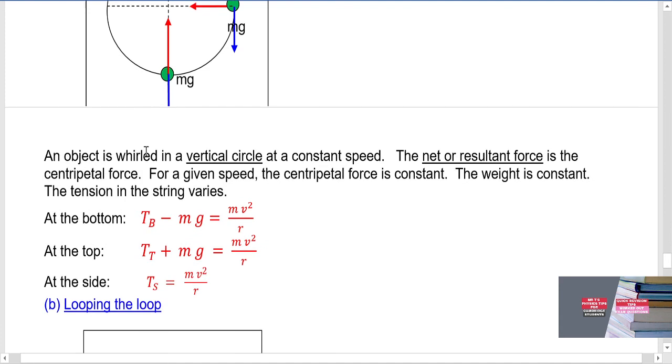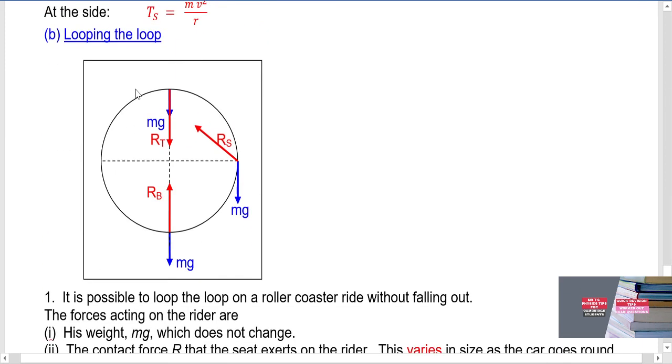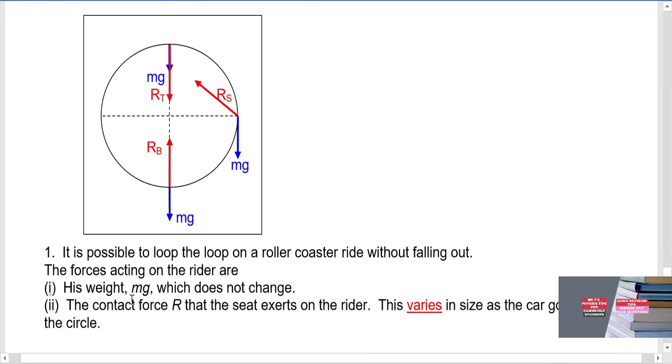Okay. Then we have looping the loop. This is normally found in roller coasters. So it is possible to loop the loop on a roller coaster ride without falling out. The forces acting on the ride are the weight and the reaction force, which is the contact force. So at the bottom, we have the contact force minus weight equal to mv squared over r.